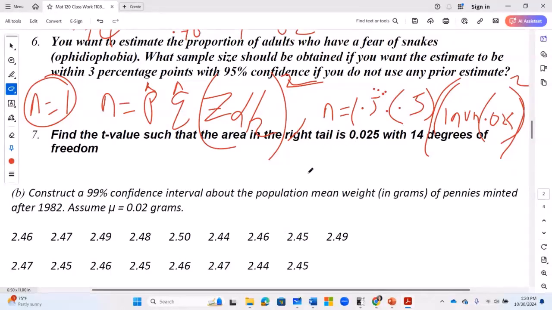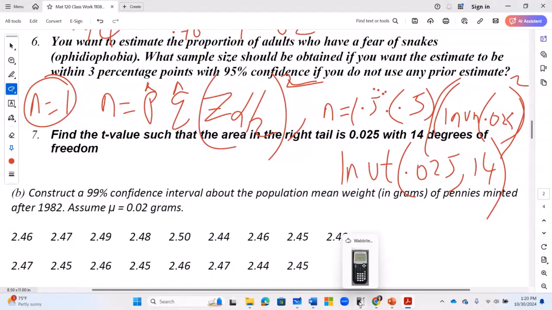So all I'm going to do now is inverse t, area to the left in decimal, and that is 0.025. And then the degrees of freedom is given to me as 14. I will not change this one because they did not give me the sample size. They gave me the degrees of freedom, so I have to be very careful.